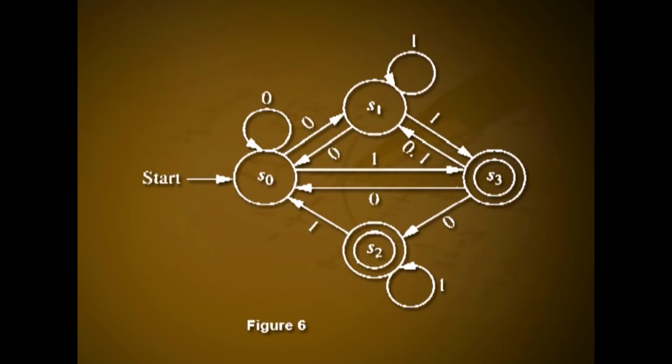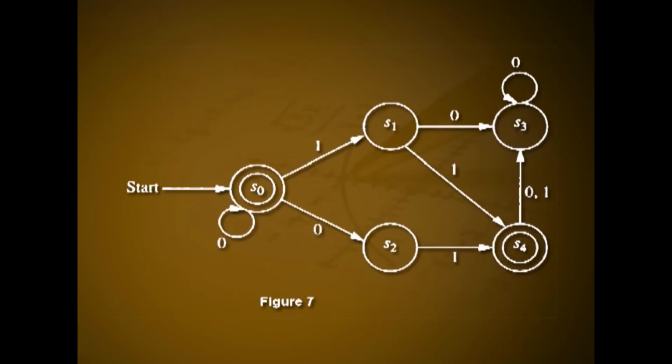The solution: the state diagram for this automaton is shown in figure 6. So, here you can see the final states are S2 and S3, which is represented by double circles. Next example, find the language recognized by the non-deterministic finite state automaton shown in figure 7.